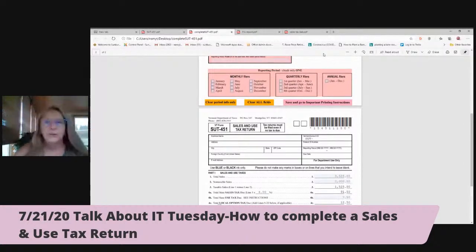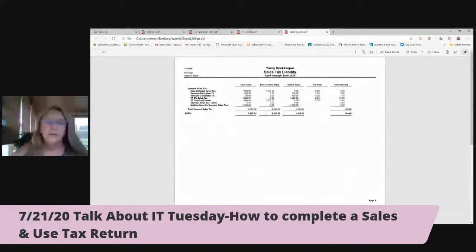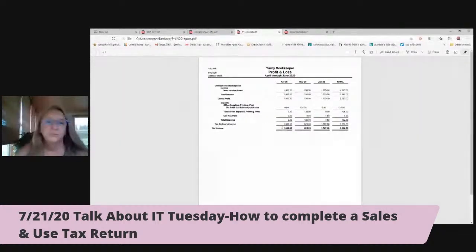Now let's go looking at use tax. If I go to my P&L, I have a special account in my chart of accounts under office supplies, indicating that no sales tax was paid on the total amount of these purchases.